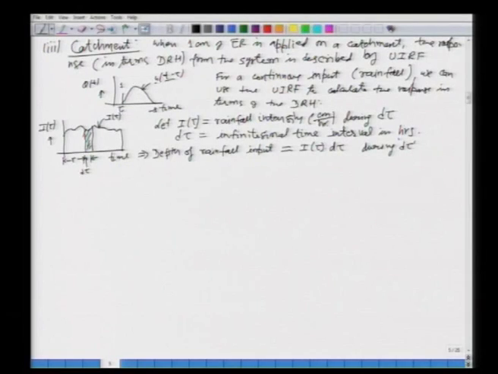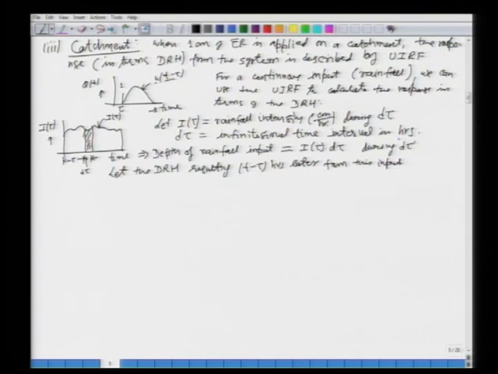So, let us define it first. Let the DRH resulting t minus tau hours later from this input, what input? This one, I tau d tau.